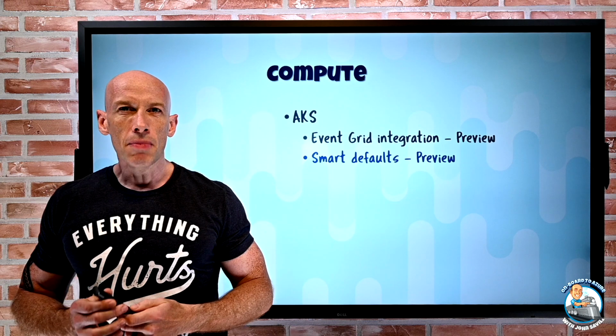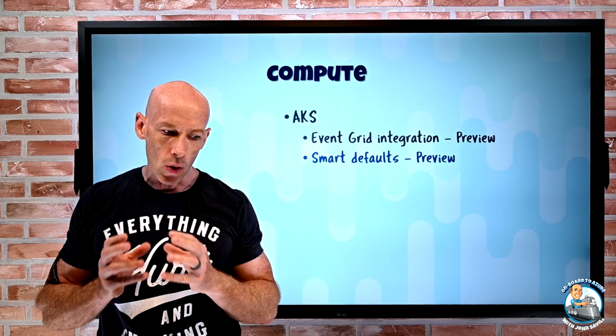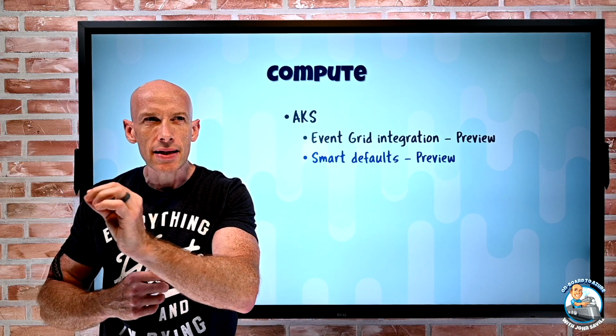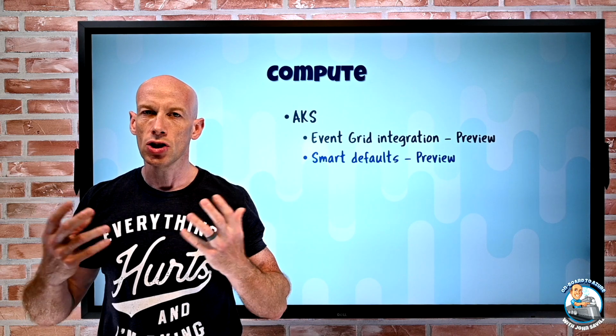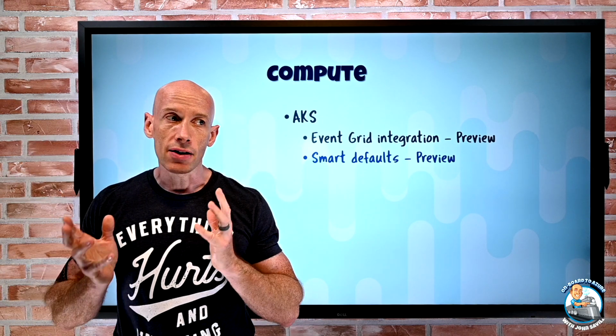Then we have the new smart defaults. If I think about AKS, there's a huge number of scenarios where I would use AKS. So there are different settings that may apply based on the scenario. And up to now, I've just got this very generic set of defaults.